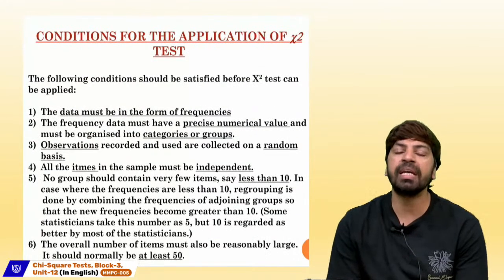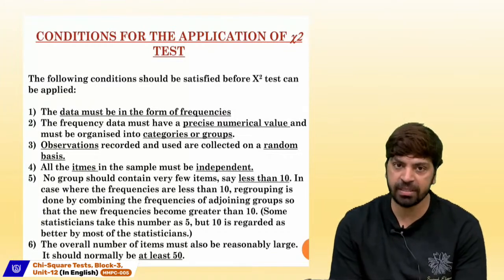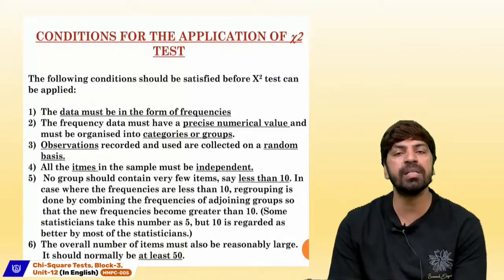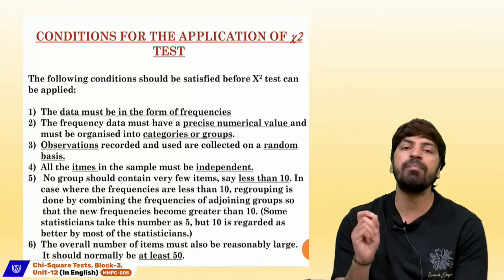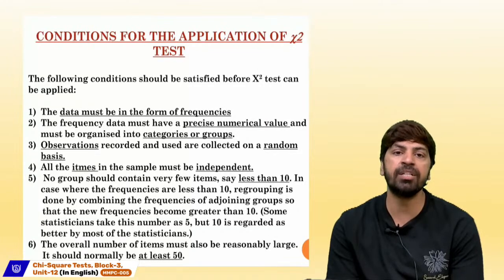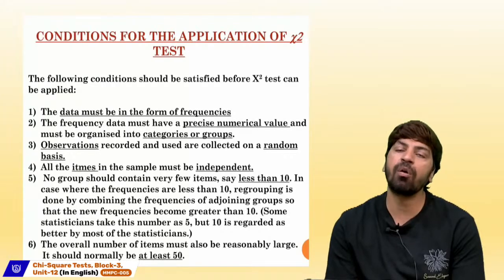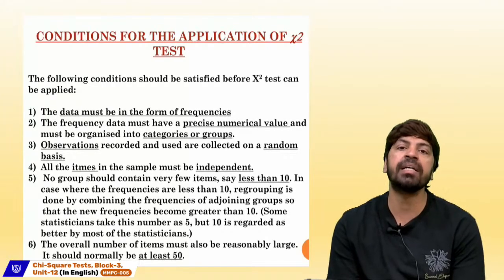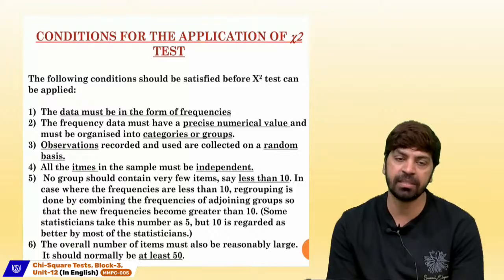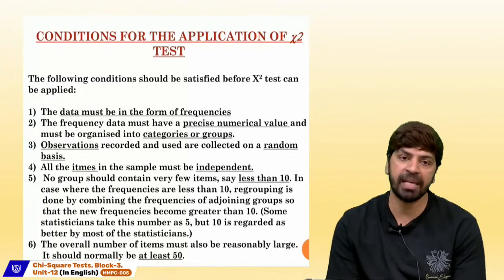Conditions for the application of the chi-square test: the data must be in the form of frequencies, and the frequency data must be in precise numerical values and must be organized into categories or groups. Observations recorded and used are collected on a random basis. All the items in the sample must be independent.